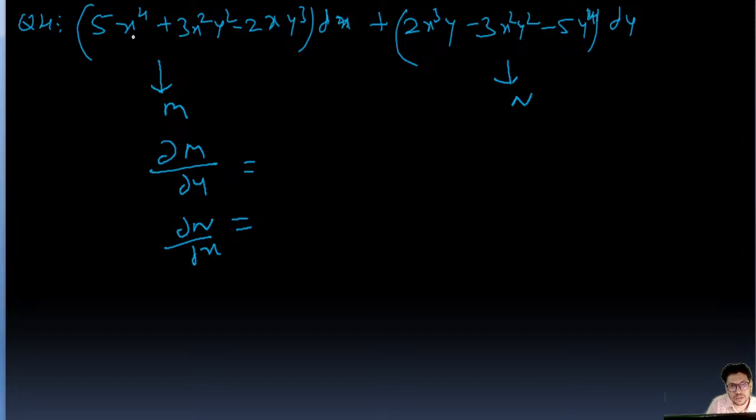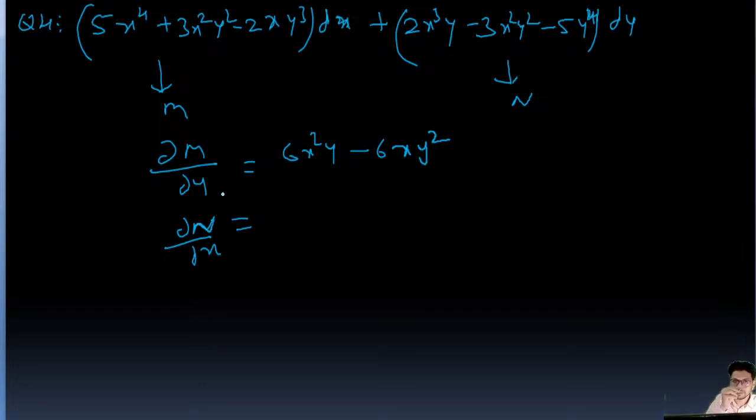The first term is 0, then this gives 6x^2y minus 6xy^2.